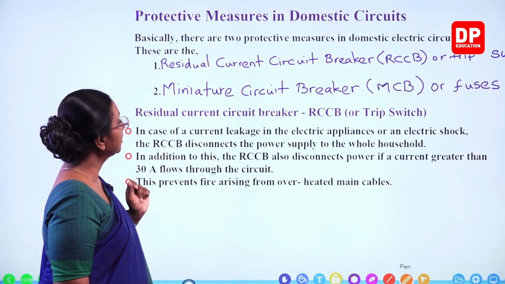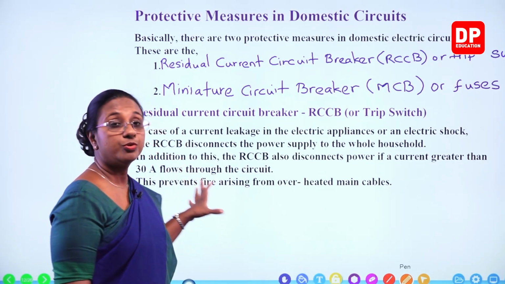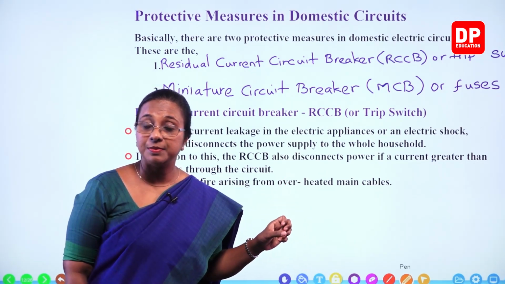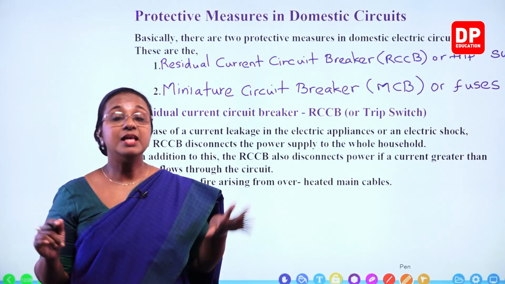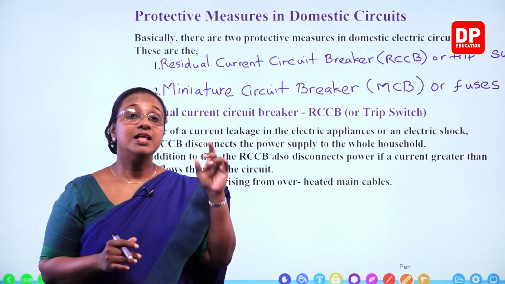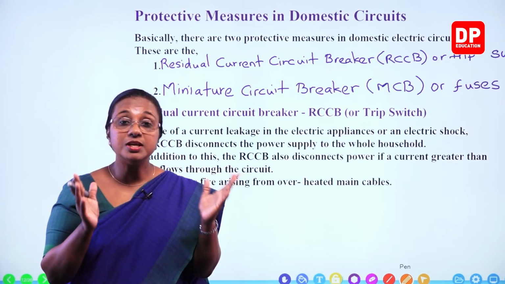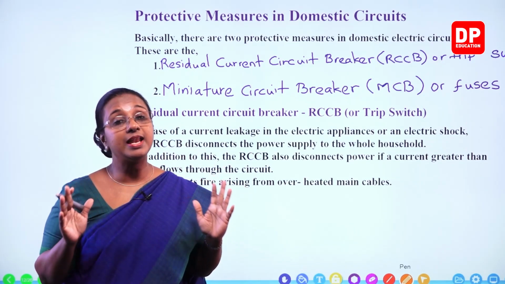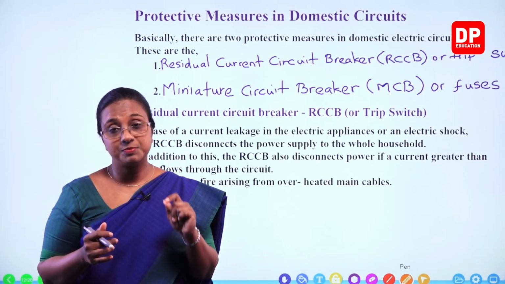So if we discuss the two components one by one. First one, the residual current circuit breaker, RCCB or trip switch. You know the function of a trip switch. What happens? There is a wire that is a live cable. The other wire is an earth cable. The earth wire is connected to the outer metal casing of an electrical appliance, and that is connected to the trip switch.